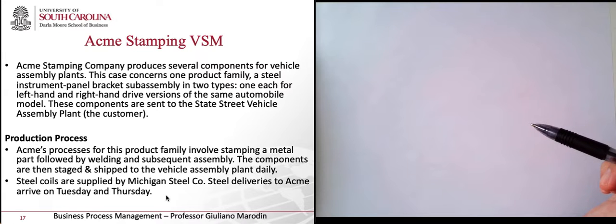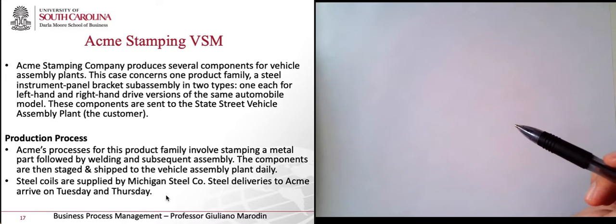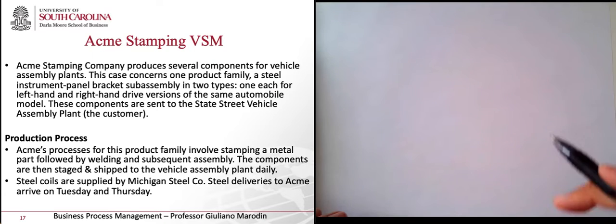Components are shaped and shipped, and the steel coils are supplied by Michigan Steel Company and delivered on Tuesday and Wednesday. So, let's start telling a little bit about our supplier and our customer, right?